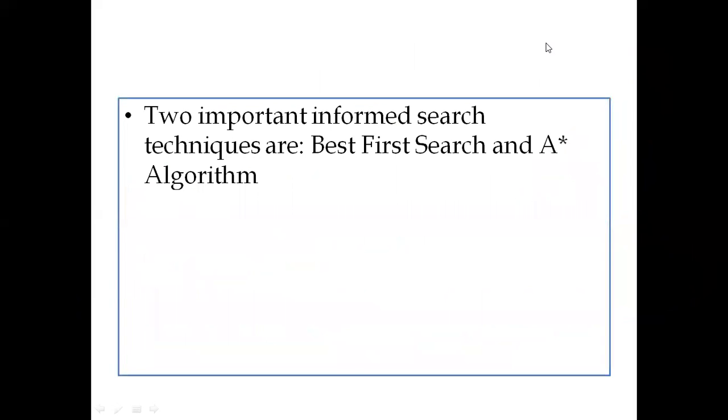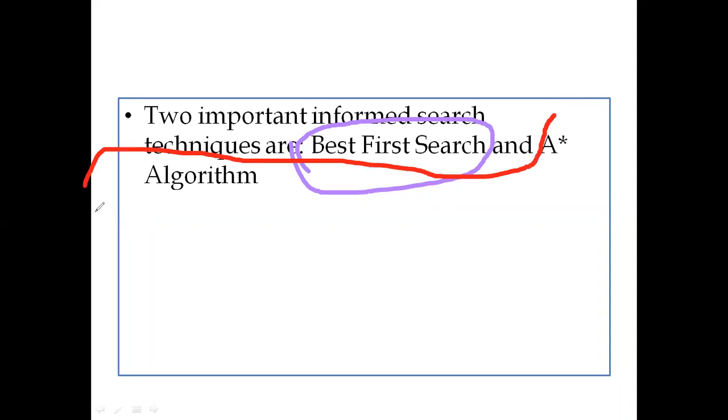Now, 2 important informed search techniques are the best first search algorithm and the next one is the A star algorithm.